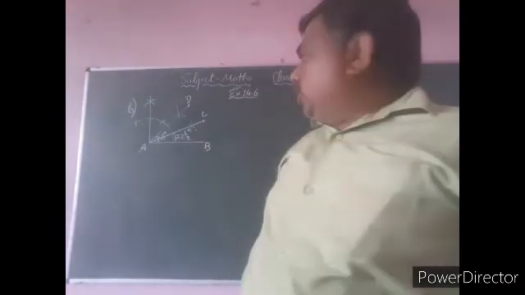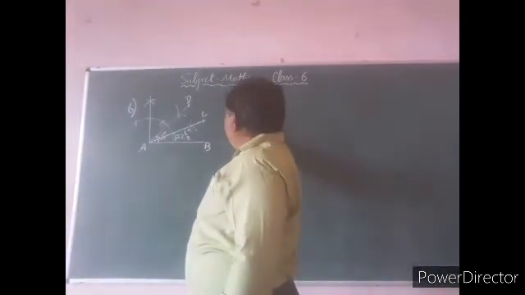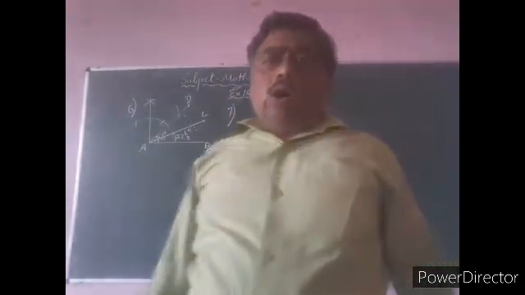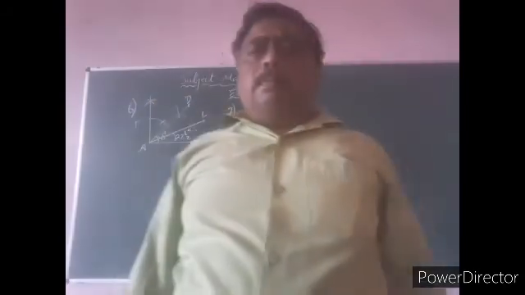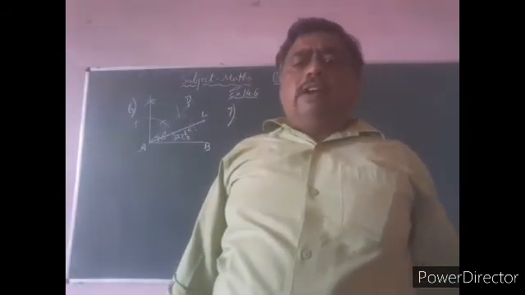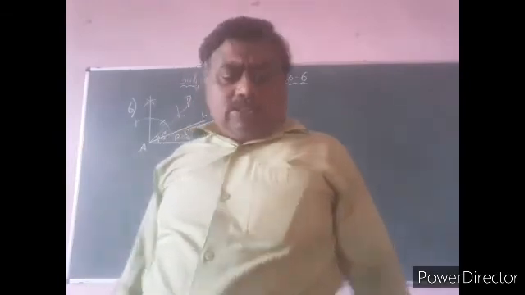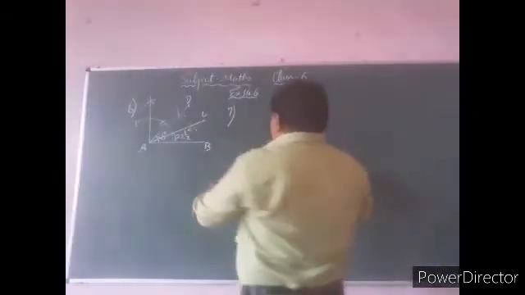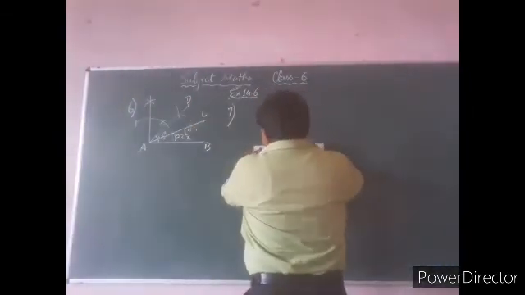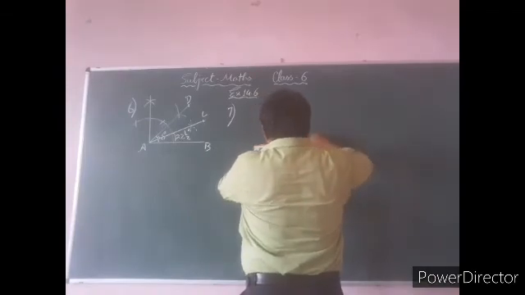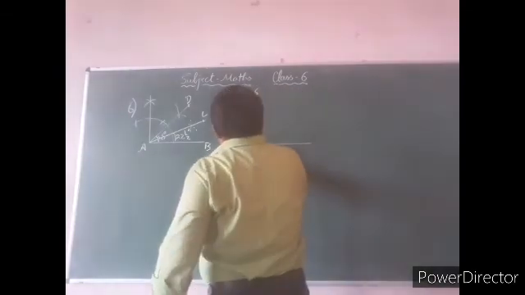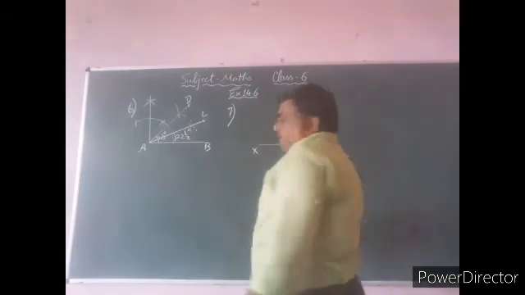Now question number 7. Draw an angle of measure 135 degree and bisect it. So I told you earlier how to make an angle of 135 degree.